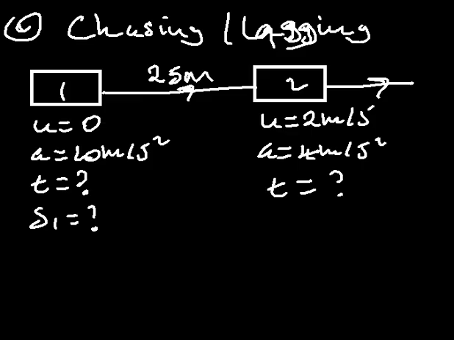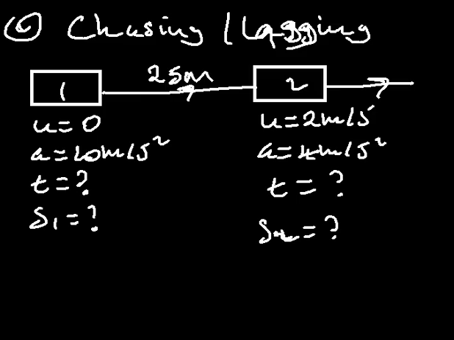And the distance object 2 has to travel? We don't know. The 25 meters has been covered by object 2, but object 2 is still in motion as this object is covering this distance, so the distance covered by object 2 is still more unknown.